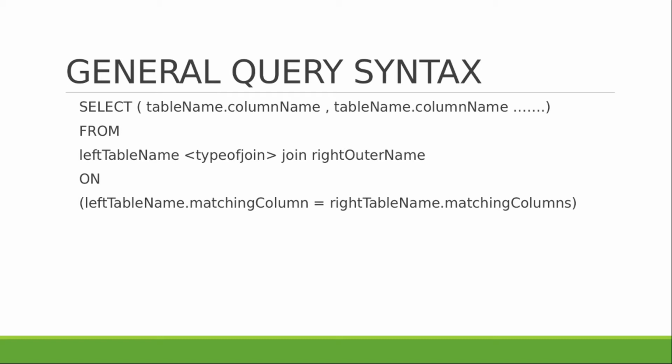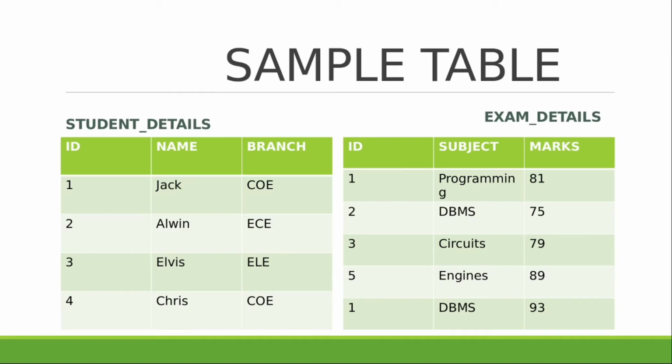Now let's talk about the specific queries in detail. This is the sample table on which we will be discussing all these join queries. There are two tables, which is obvious because join works with two tables. The left one is the student details, where all the details related to the student are present, like ID, name, and branch.